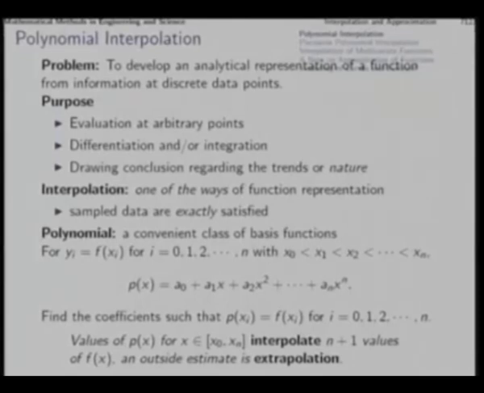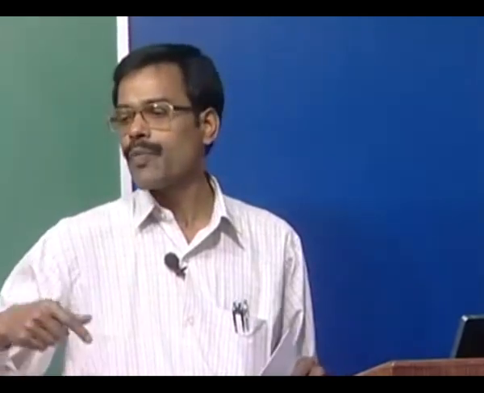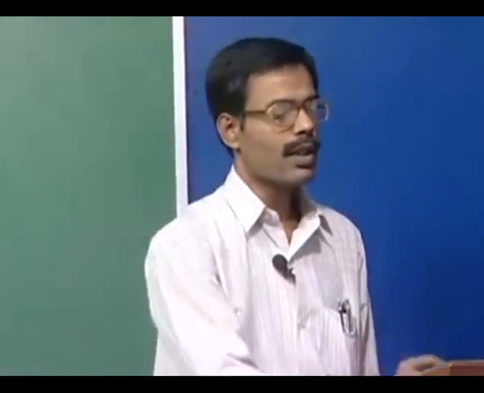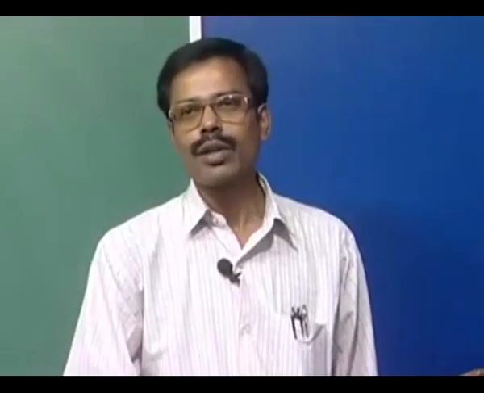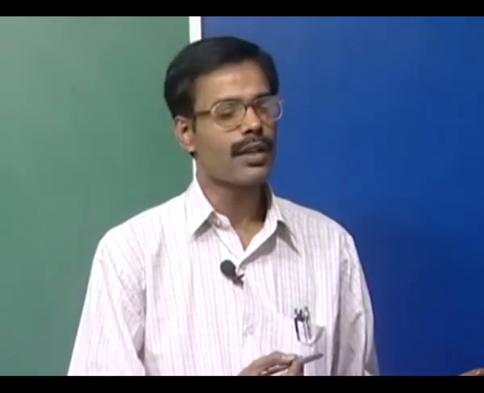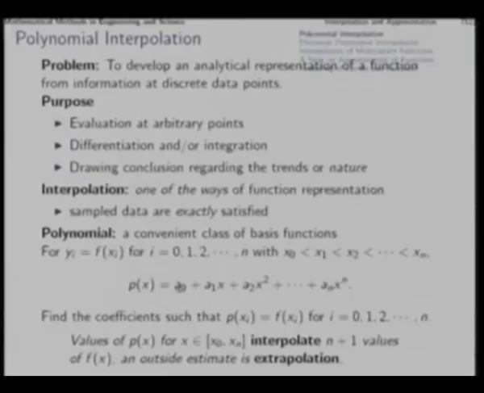If based on this same expression, if we try to find out or estimate the function value at a point outside this interval, such an activity is called extrapolation, which for all situations is not considered safe and reliable enough. Now, one question arises: for given n plus 1 values of the function at n plus 1 points, can we always find a polynomial of the nth degree like this?